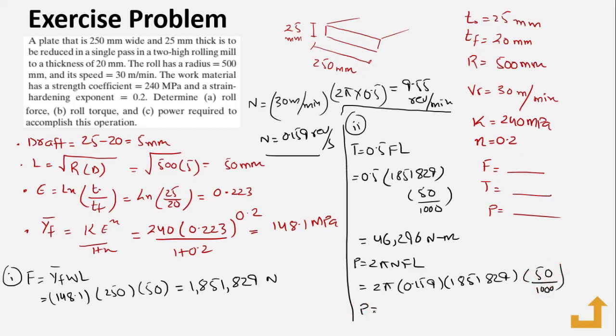So the power would be equals to 92591 Newton meters per second. Right? So this is the third requirement. So that's all for the rolling operation.